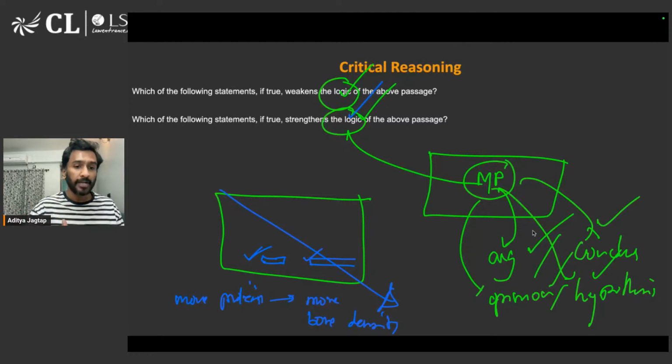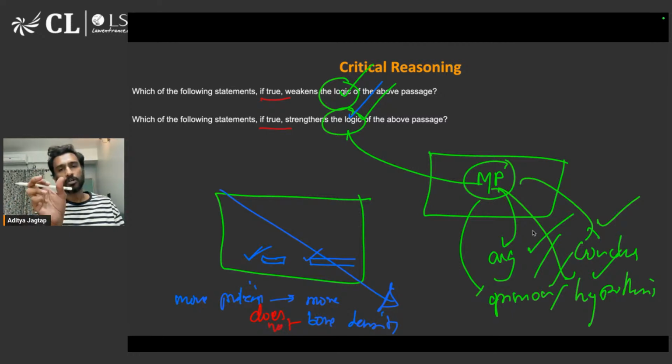If I expect you to weaken this, then you want to find an option which will categorically tell you that more protein does not lead to more bone density. The words "if true" are sometimes mentioned, sometimes not mentioned, but they're always present in the options.